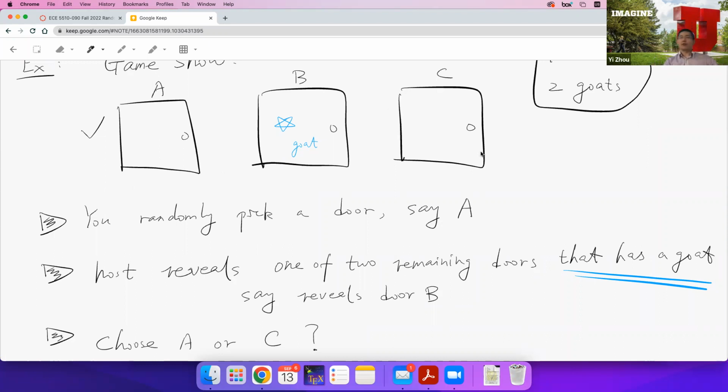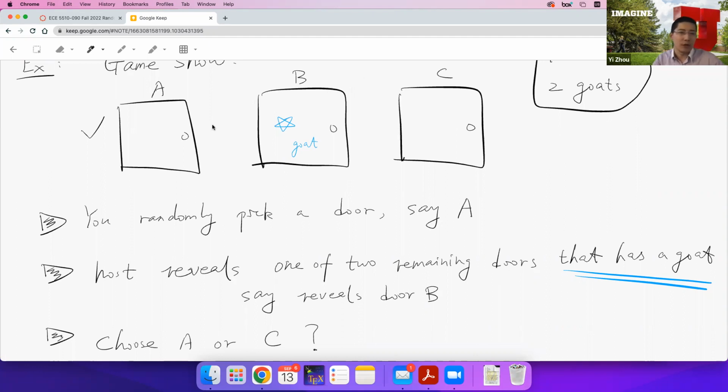Right. So in the entire process, you never see what is behind door A and door C. Both of them are unknown to you, and the host reveals one of the bad choices.